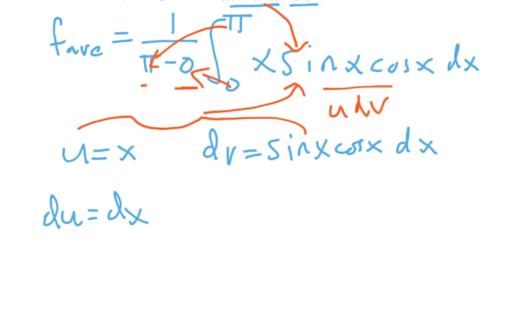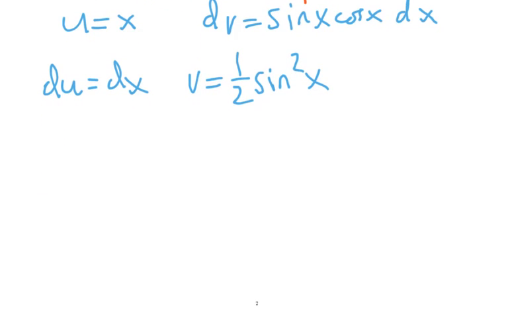Now the reason I choose dv to be this is that this is actually the derivative of a function. It's the derivative of the function v is equal to 1/2 sine squared x. Now you can see that. We can check our work. Always a good idea to check your work.